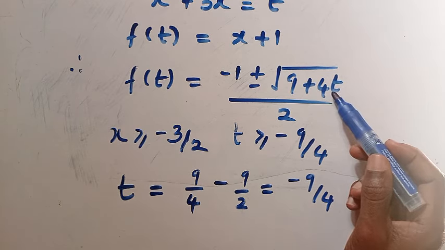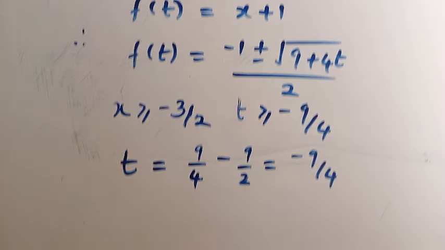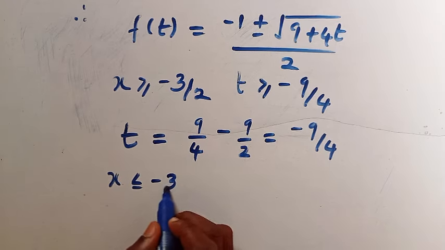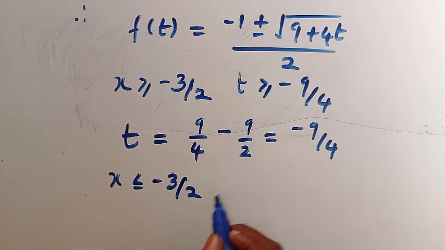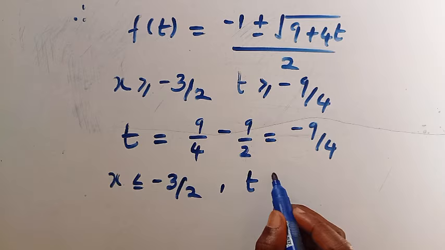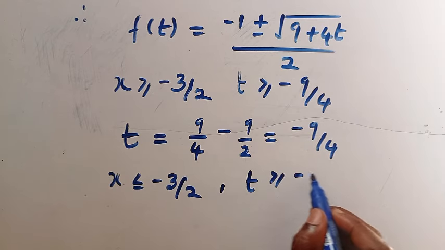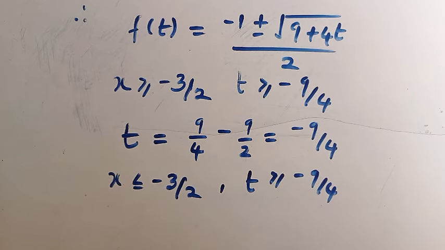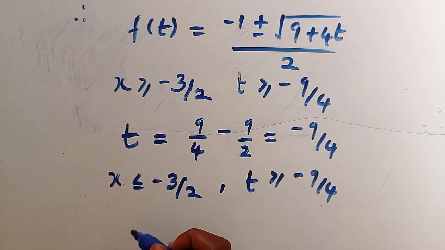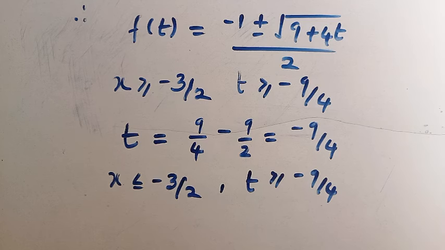So if you want to plug it into this. And also looking at when x is less than or equal to minus 3 over 2, we have the same thing for t. So t is always greater than or equal to minus 9 divided by 4. We can just replug it into this equation as well. So therefore, if you consider f of t for either plus or minus, both of them work.